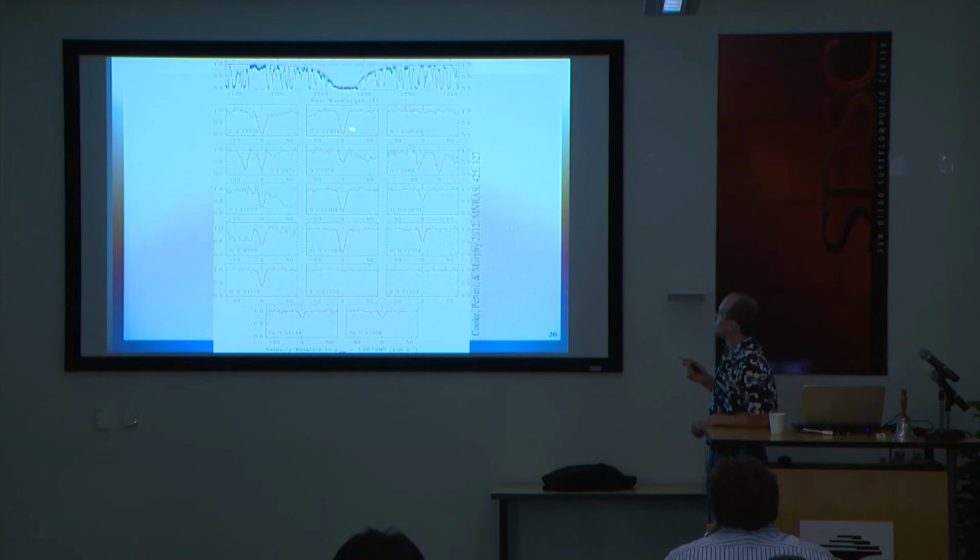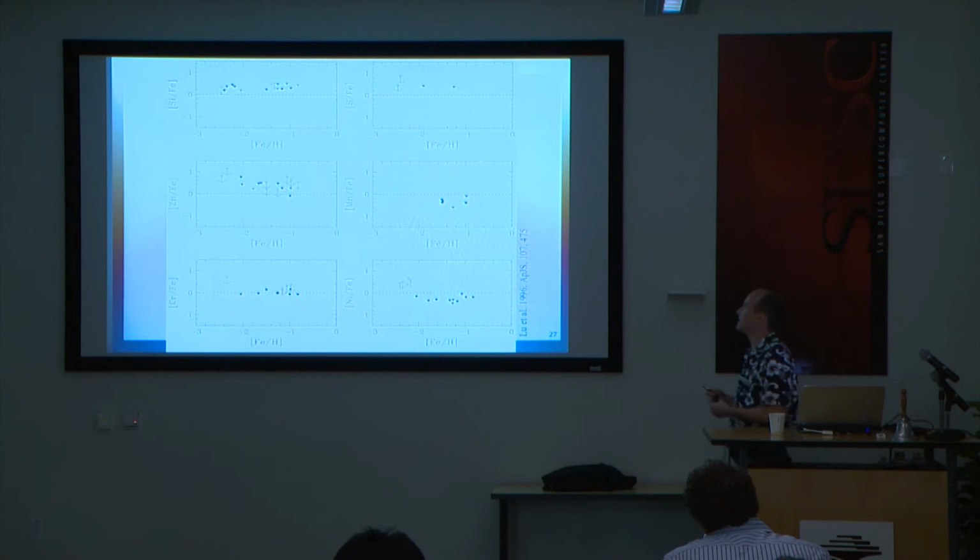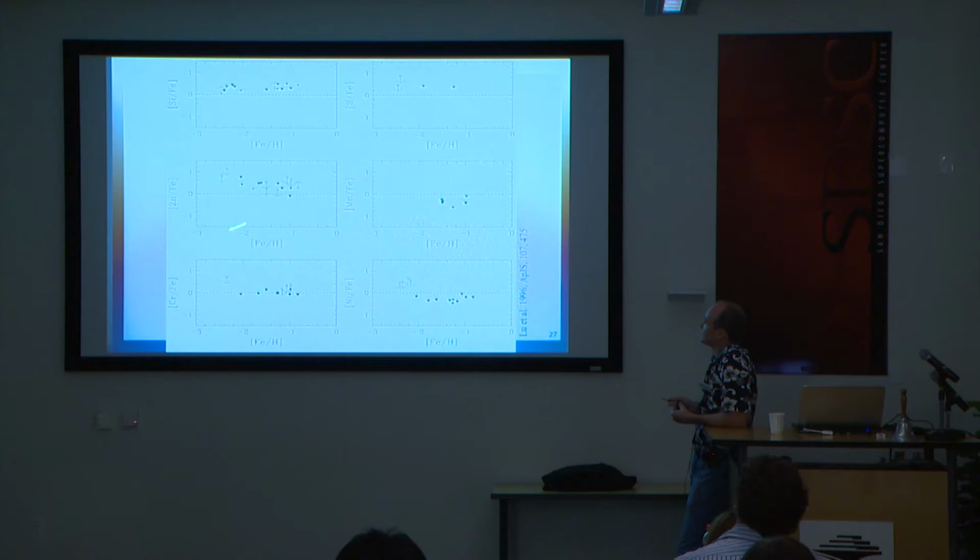Then you can look where you happen to know other absorption lines to exist and measure their strengths as well, and you can turn that into chemical abundances. So you can get very detailed chemical abundances of these damped Lyman alpha systems. This paper is from 18 years ago. You could do all this detailed stuff 18 years ago. You can measure silicon, sulfur, zinc, manganese, chromium, nickel. You can measure all this great stuff as a function of metallicity.